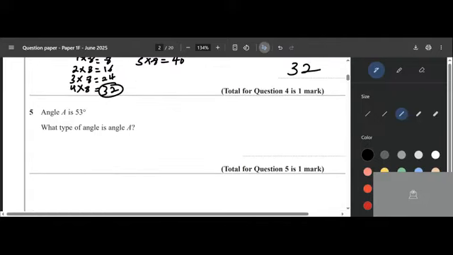Then we'll now go to the next question, where you're told an angle A is 53 degrees.